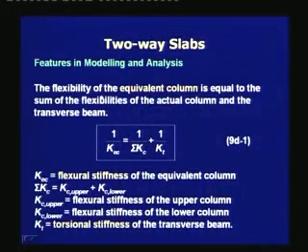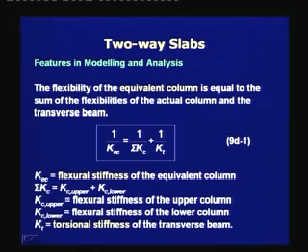The flexibility of the equivalent column is equal to the sum of the flexibilities of the actual column and the transverse beam. This is the basic idea of defining the equivalent column, that we are adding up the flexibilities of the column and the transverse beam in the rotation of the slab to column junction. 1 by KEC is equal to 1 by sigma KC plus 1 by KT.